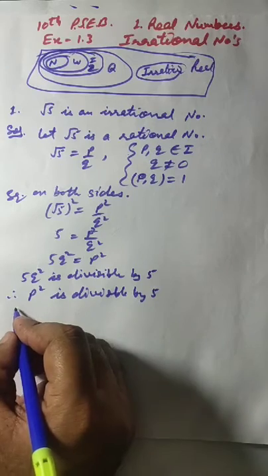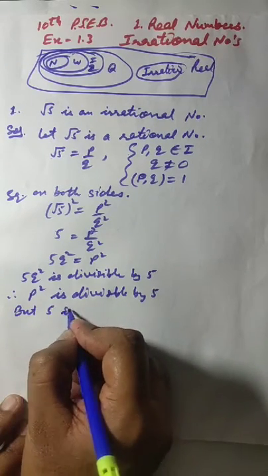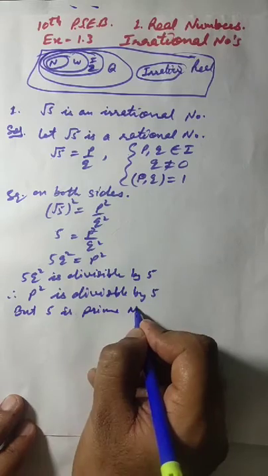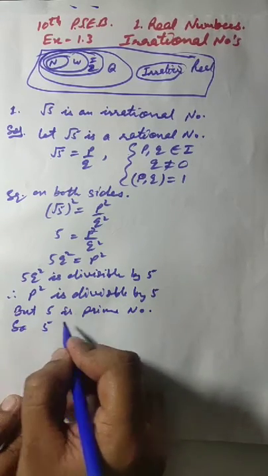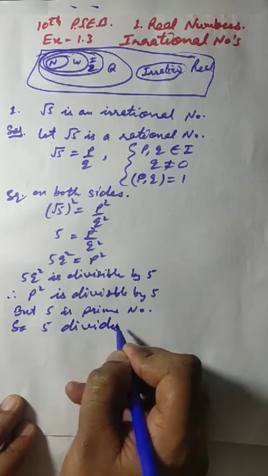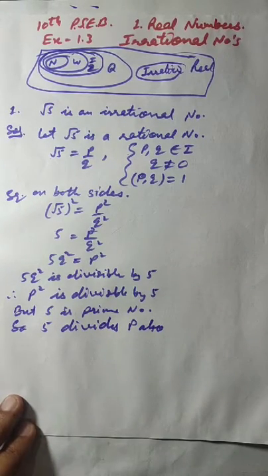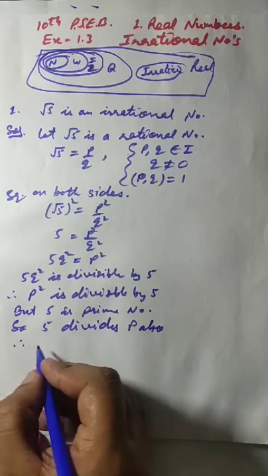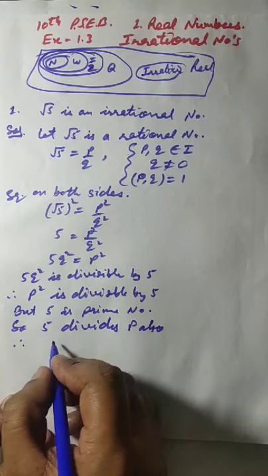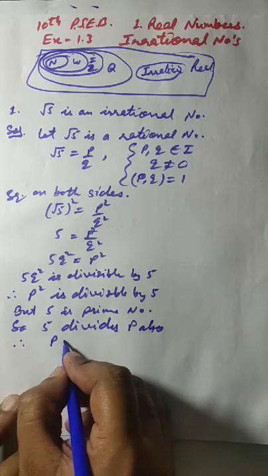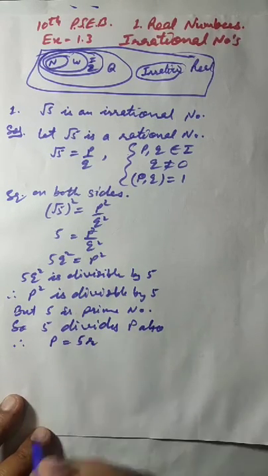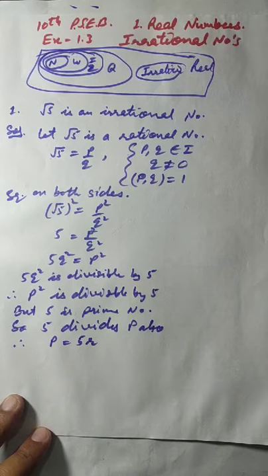As we know that 5 is a prime number, so 5 divides p also. Therefore, there exists a number r such that p is 5 times r. If 5 is dividing p, then p will be a multiple of 5. Let us take it as 5 into r.